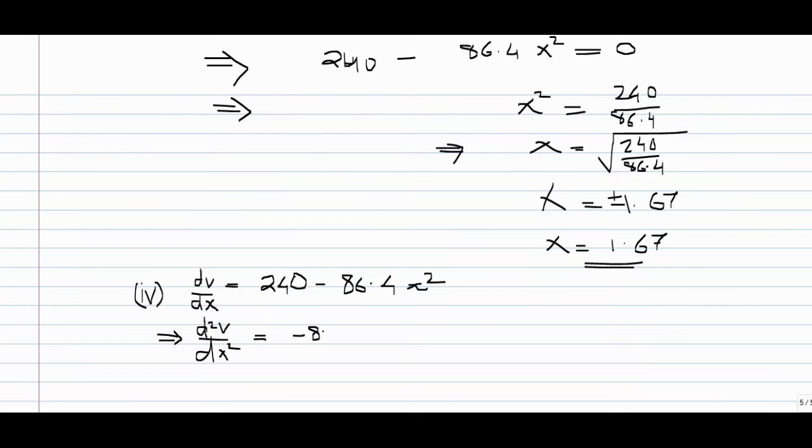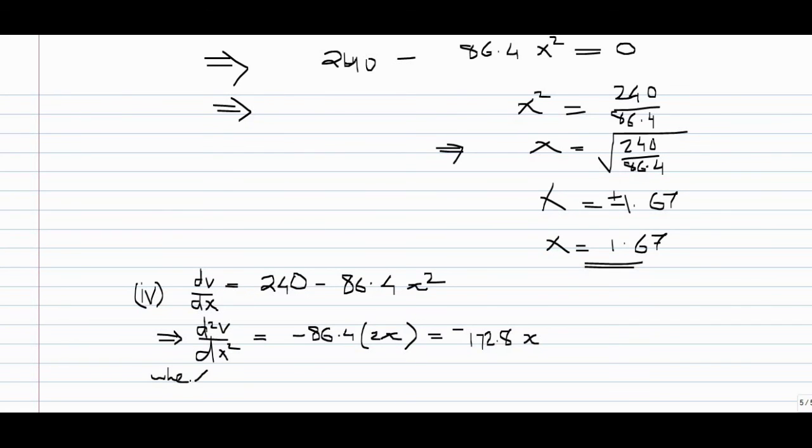That is d square V by dx square is equal to minus 86.4 into 2x. That is equal to minus 172.8x.